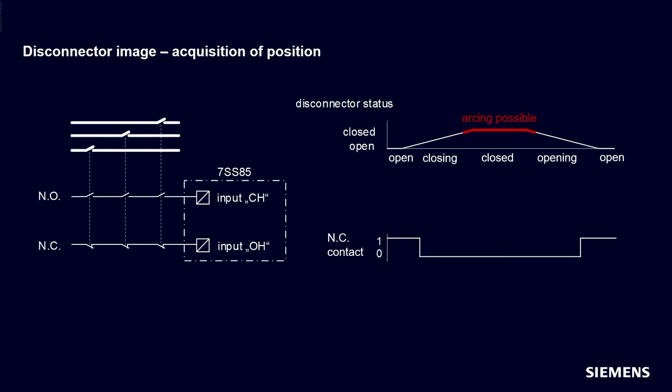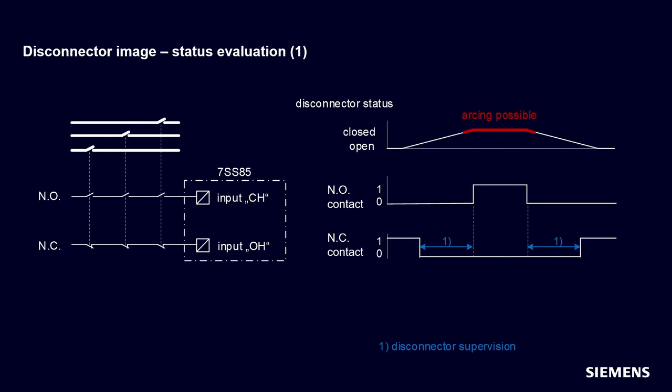The normally closed contact changes its status from open to closed as soon as the disconnector starts closing, and it stays closed until the open position is reached. The normally open contact changes its status from open to closed when the disconnector is completely closed, and it changes back to open as soon as the disconnector starts opening. In the opening and closing process, both signals are 0.